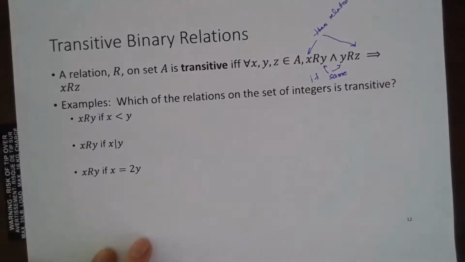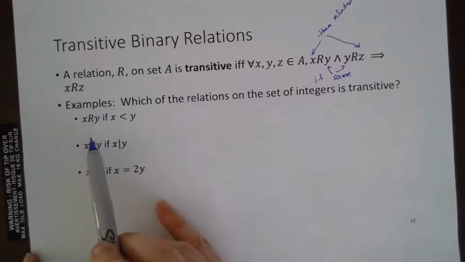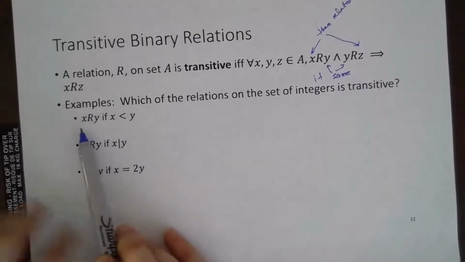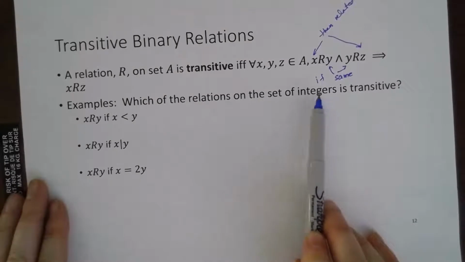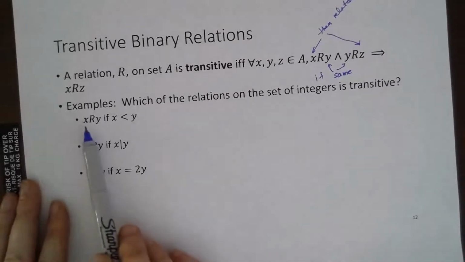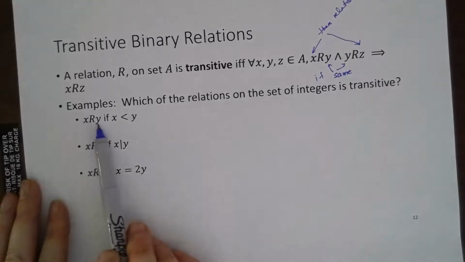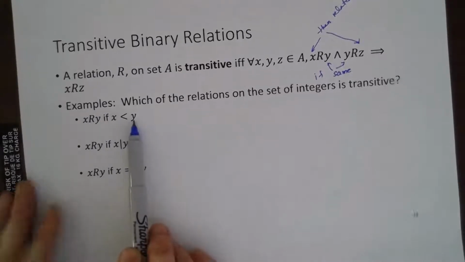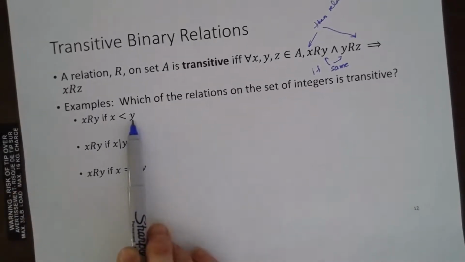So let's look at some examples. Let's say we have the set of integers, so we're just looking at integers, and x is related to y if x is less than y. We want to know, is this a transitive relationship?